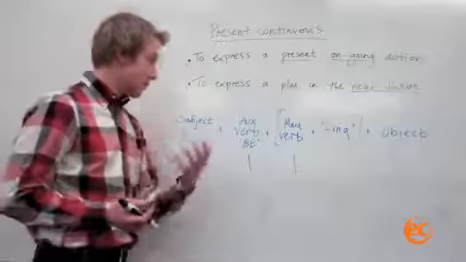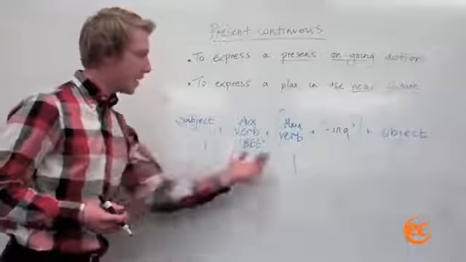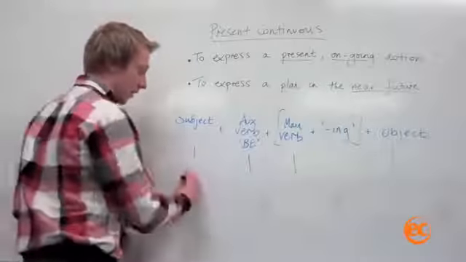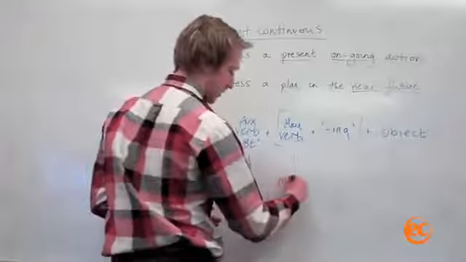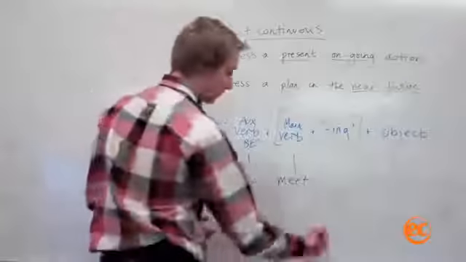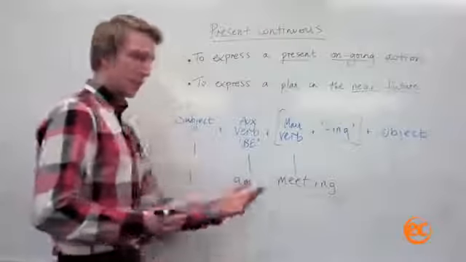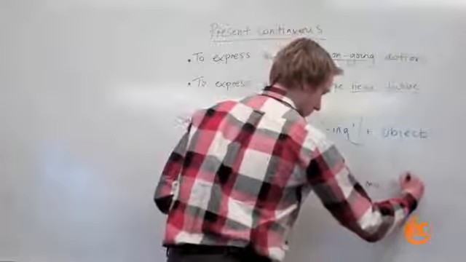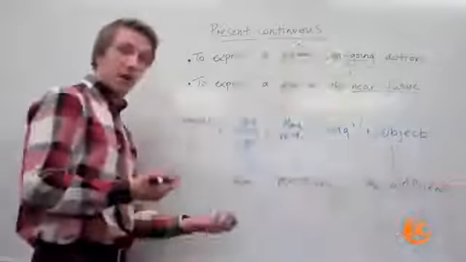Today it happens to be Valentine's Day. Yeah. I can change my main verb and the suffix ing. Yeah. I could say I am, our main verb, to meet, plus ing becomes meeting, object, my girlfriend.